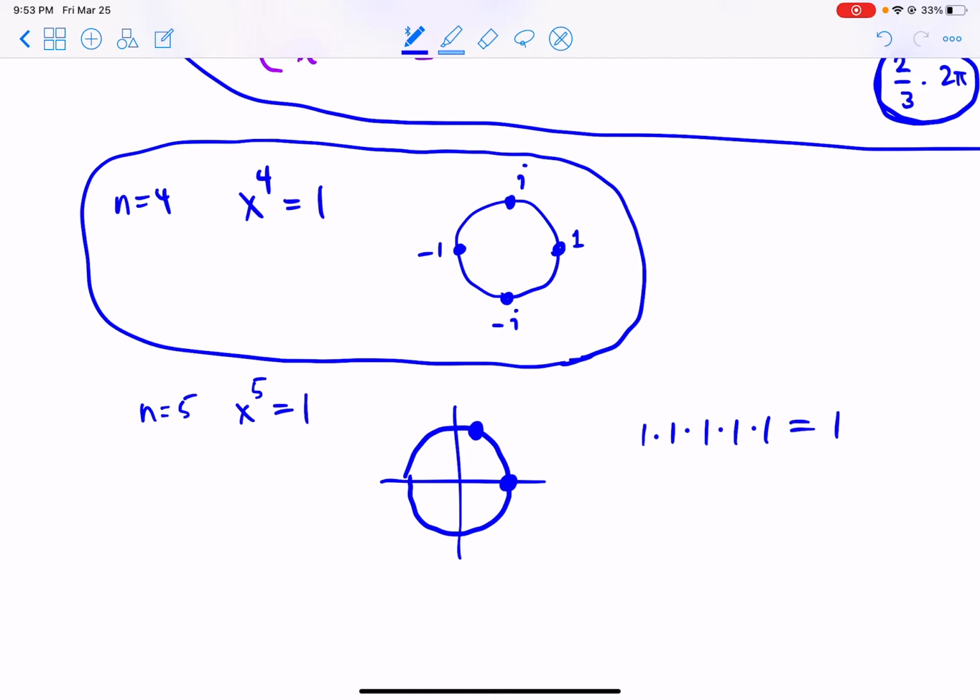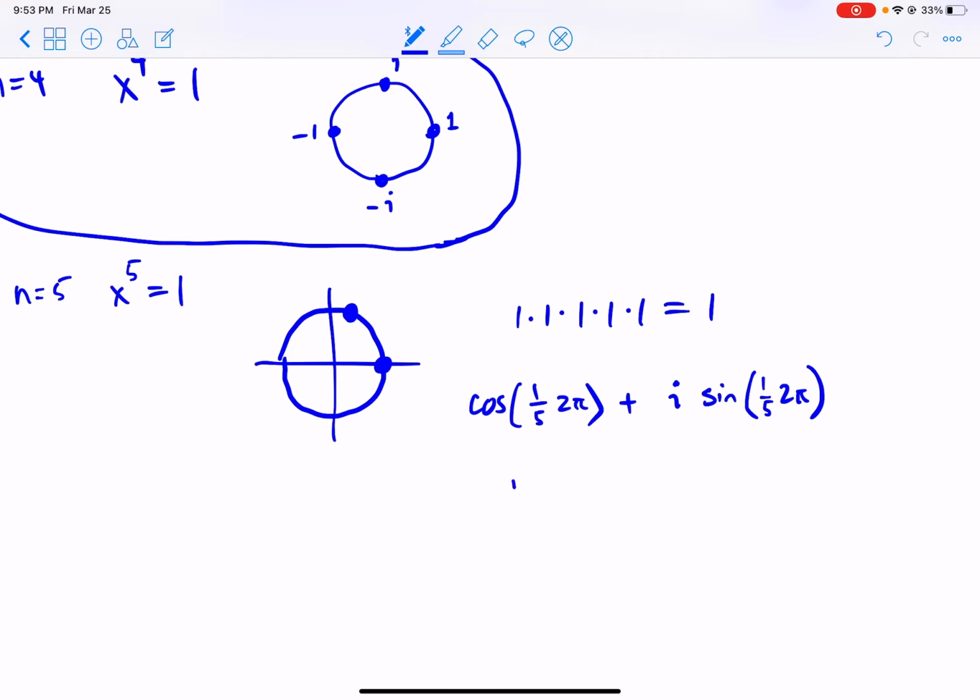How about this? This is going to be the number cosine of 1/5 2 pi plus i times sine of 1/5 2 pi. I hope you're okay with me writing 1/5 2 pi. What that means is 1/5 times 2 pi, which is another way of saying 2 pi over 5. And so this is the formula for that number right there.